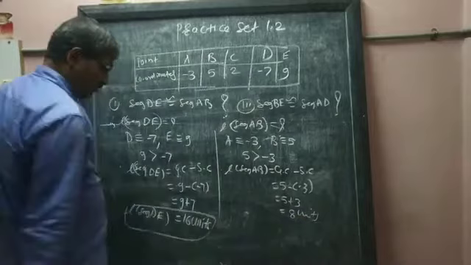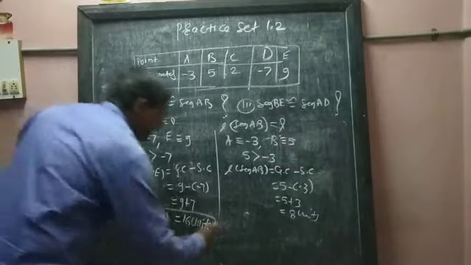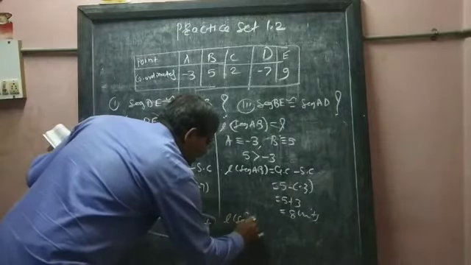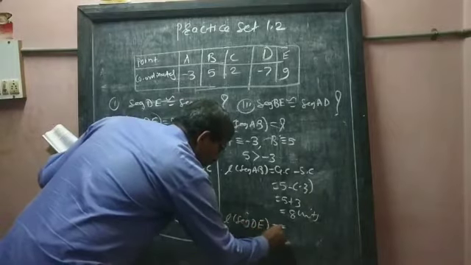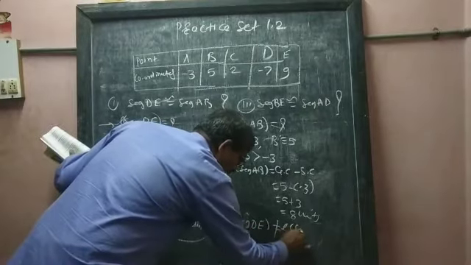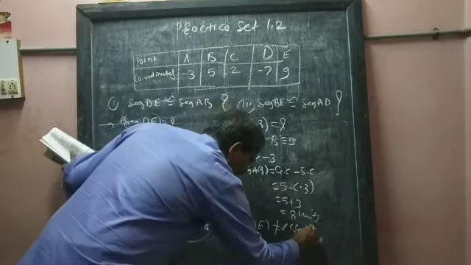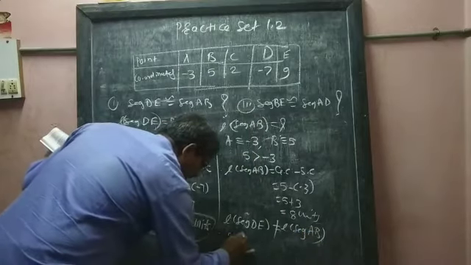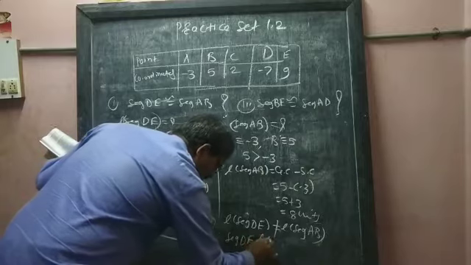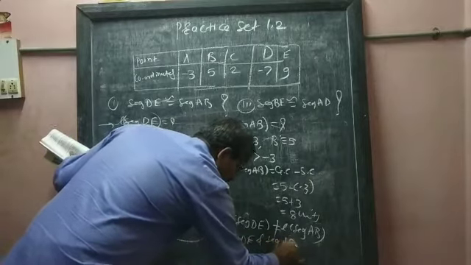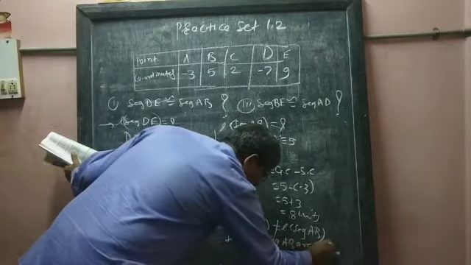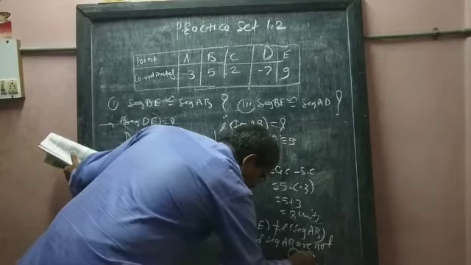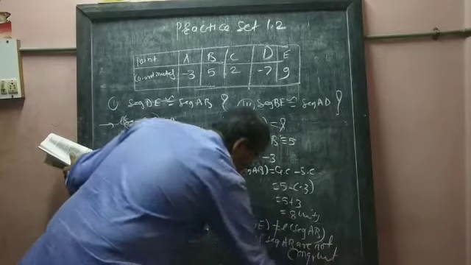Are these equal? No, not at all. Length of seg DE is not equal to length of seg AB. Therefore seg DE and seg AB are not congruent. Do you understand how to solve?